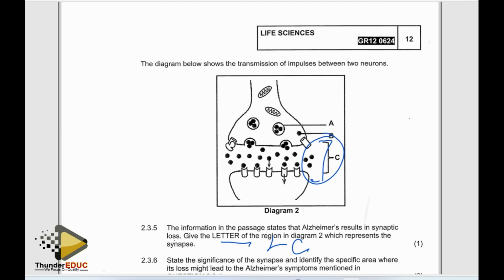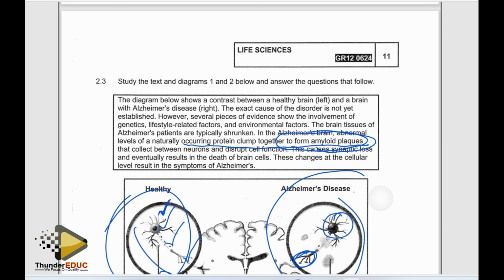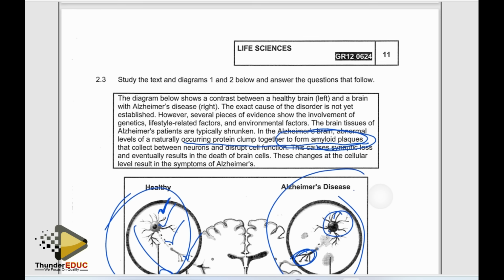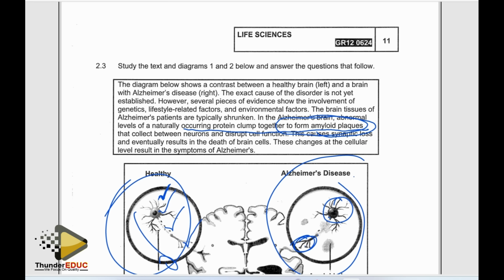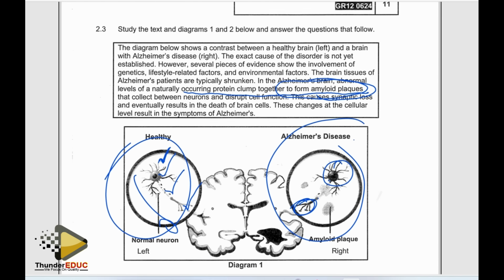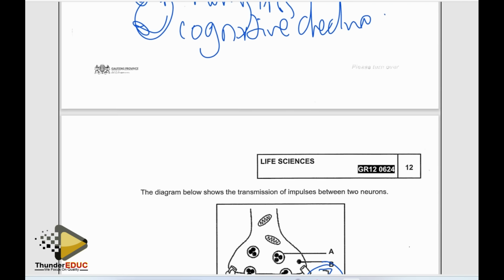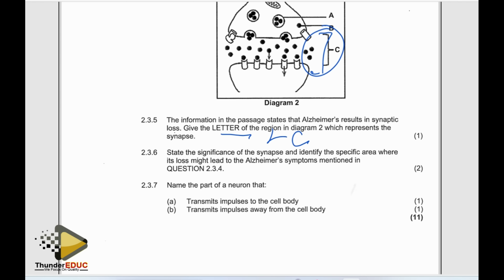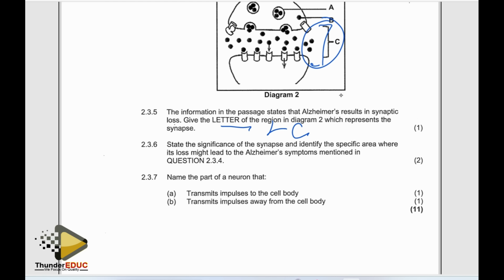Let me see. Okay, let me show you. Give the letter of the region. In this case we have said that it's C.